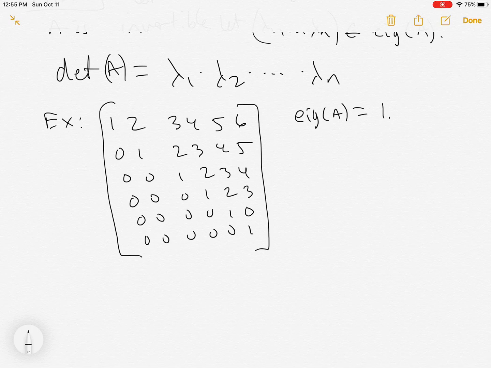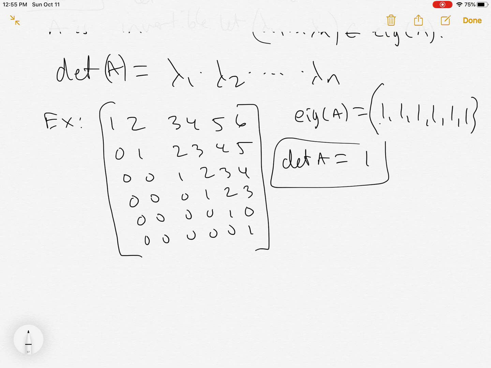Well, they're 1, 1, 1, 1, 1, 1. So the algebraic multiplicity of lambda equaling 1 was 6. And what's the determinant of A? It's 1, because 1 times itself 6 times is 1. All right, now you'll have enough to do the homework. Fun.